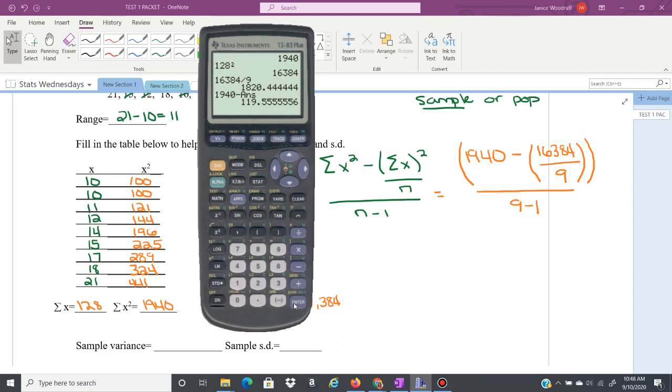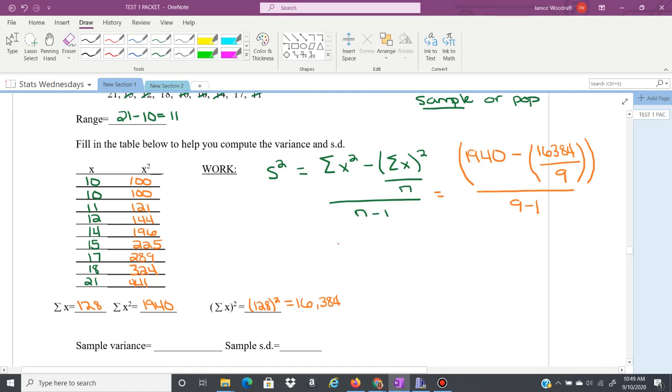So that's 119.5, and then I'm going to divide by 9 minus 1, which of course is 8. So I just hit divide by 8, and that gives me, we'll do 3 decimal places, 14.944. So that's the variance.